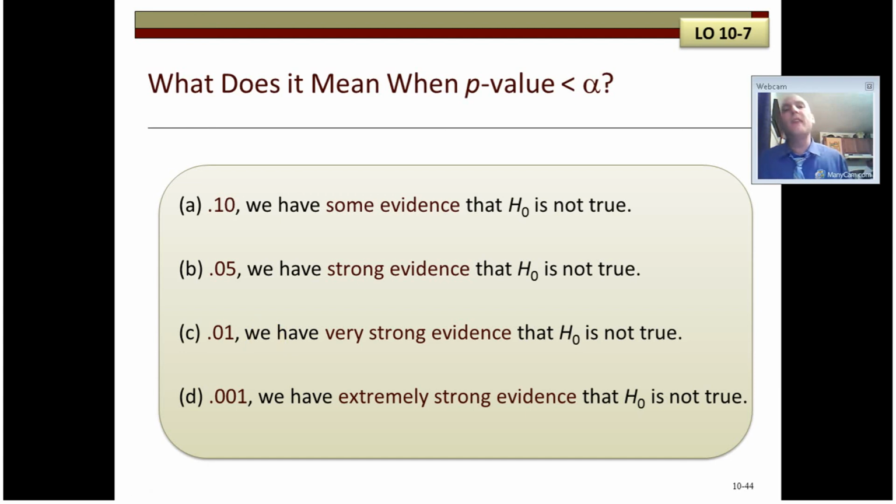If we get a p-value, in other words, an extreme test statistic that's really far away from the mean, leaving the area in the tail to be 0.001 or less, we have extremely strong evidence that we can reject the null. That means the p-value is a continuous measure of how much evidence we have to reject the null, as opposed to just saying it's greater than or less than a critical value.